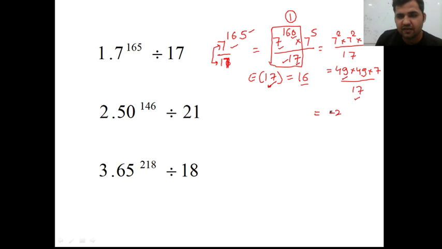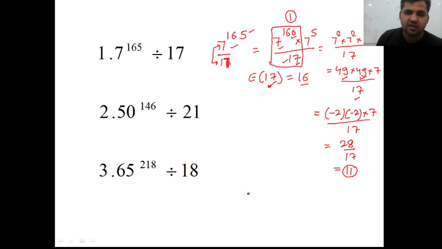Because 17 into 3 is 51. So 49 minus 51 would be minus 2. So this 49 will also give you a remainder of minus 2, into 7 divided by 17. Now minus 2 into 7 is minus 14... sorry, 28 as stated: 28 when divided by 17 will give you a remainder of 11. So the answer of the first question would be 11.